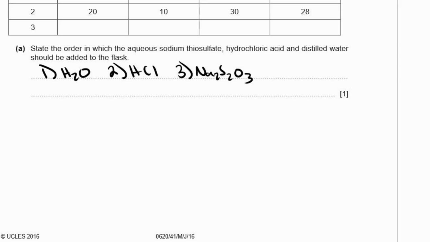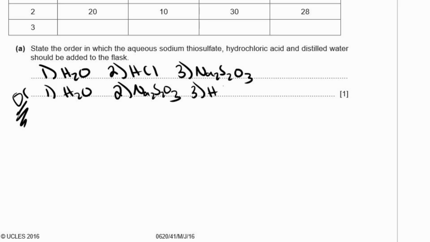But there's actually a few other options. As long as either hydrochloric acid or sodium thiosulfate is at the end, that would work. You could also, these are other options, only put down one option. You could say to put water and then Na2S2O3, sodium thiosulfate, and then hydrochloric acid.